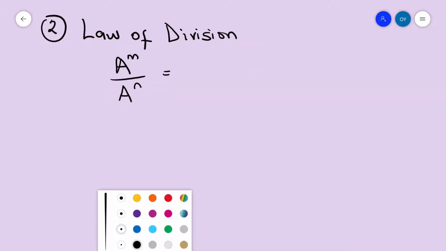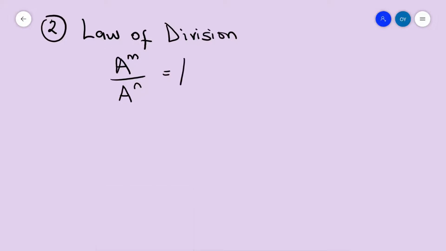Law of division. We have a to the power of m divide a to the power of n. Here, once the bases are the same, you write the base down and you subtract their powers. So that is m minus n.